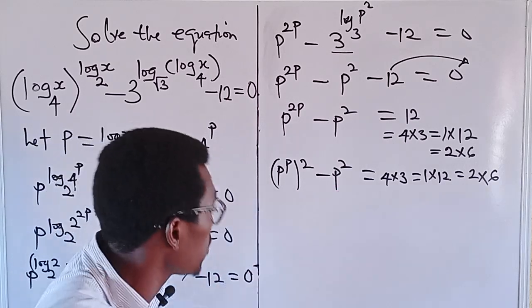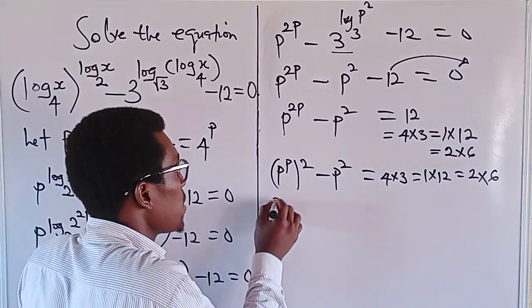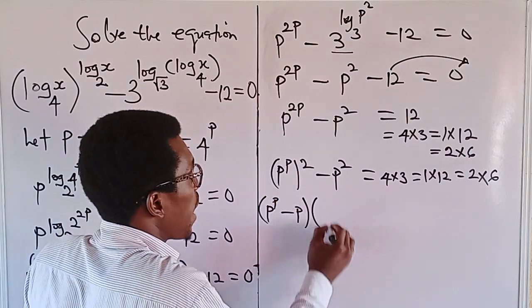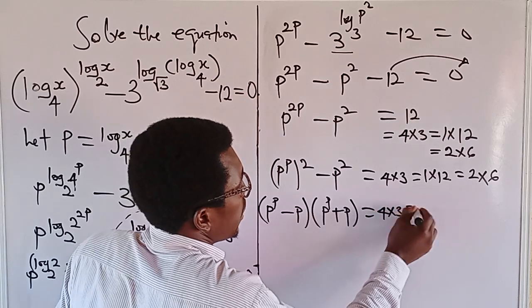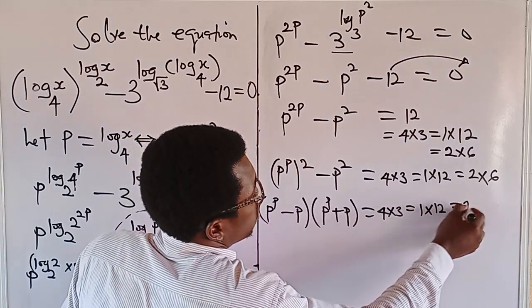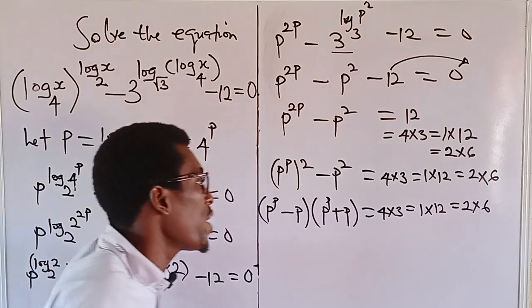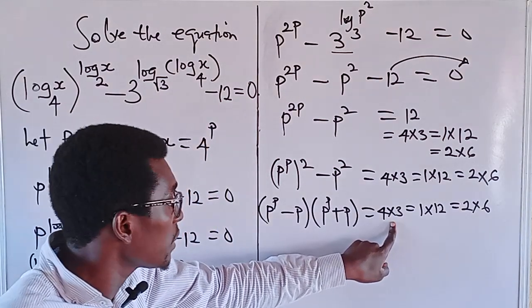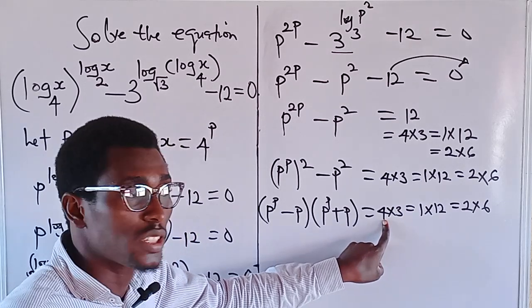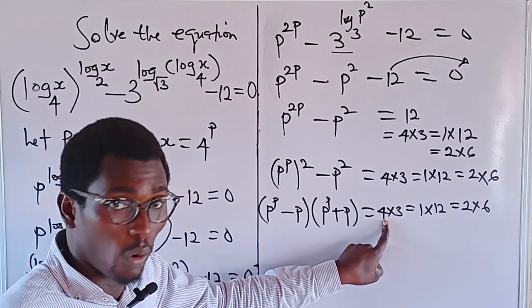And in factoring, we have it as p to the power p minus p multiplied by p to the power p plus p equals 4 times 3 equals 1 times 12 equals 2 times 6. Now, we cannot take this expression, reason being that this 4 you see here is a perfect square, all right?